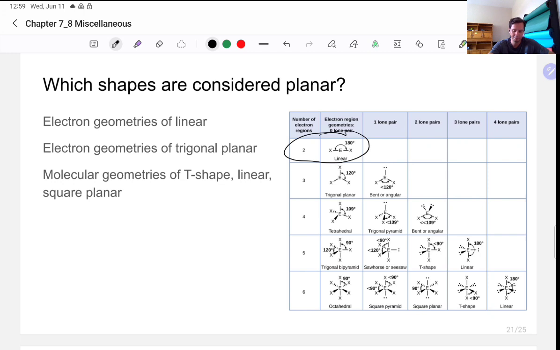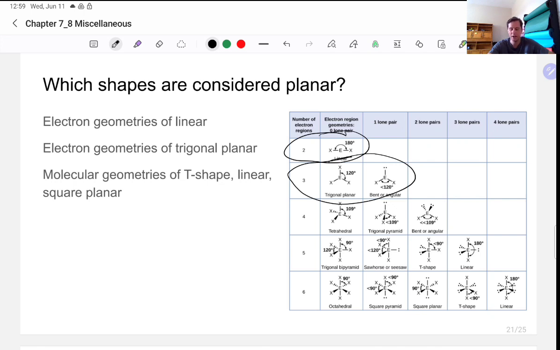Yeah, that's planar. Okay, it's all in the same plane. If it's electron geometry of trigonal planar, either molecular geometry of trigonal planar or molecular geometry of bent, either way, it's all still in one plane. Okay? So that is also planar.